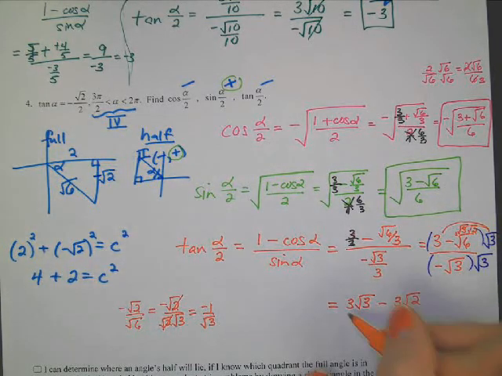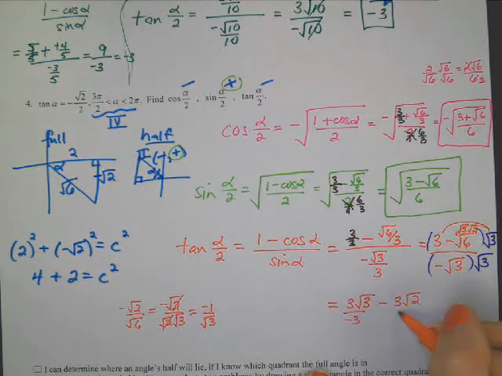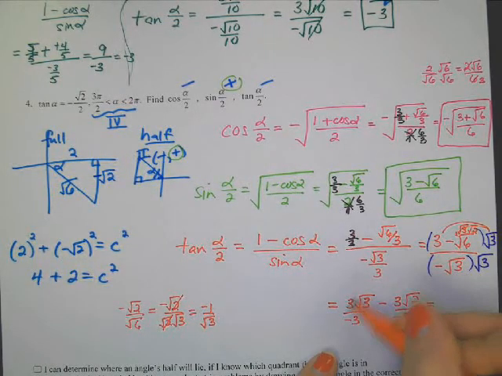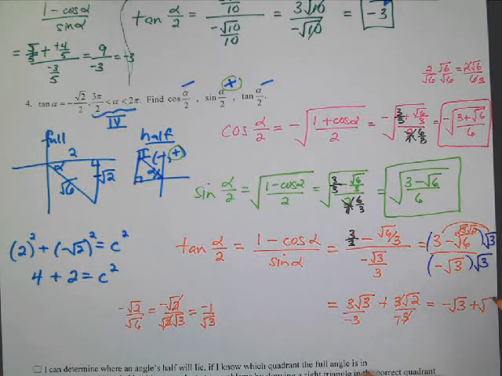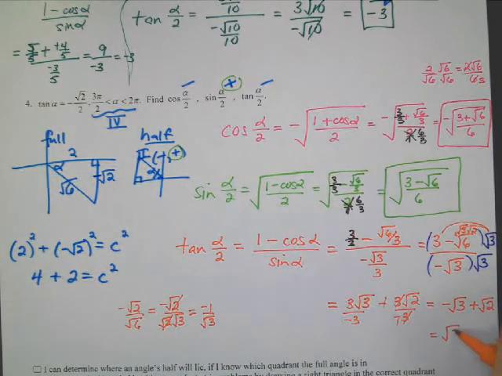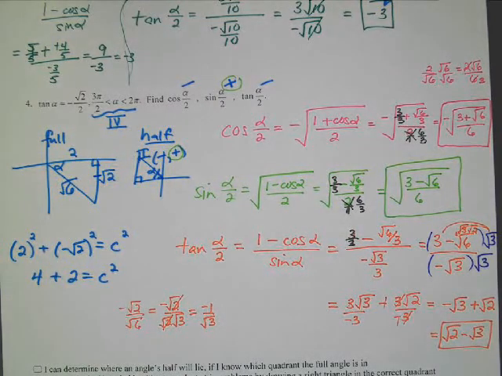So the final answer is, cancel, cancel, negative radical 3, cancel, cancel, cancel, cancel, plus radical 2. If you don't like that, you could always say radical 2 minus radical 3. And there's your answer. Once again, these formulas are not easy, so please turn the page, write down all the formulas, most of them hopefully by hand without looking. Have a great day.